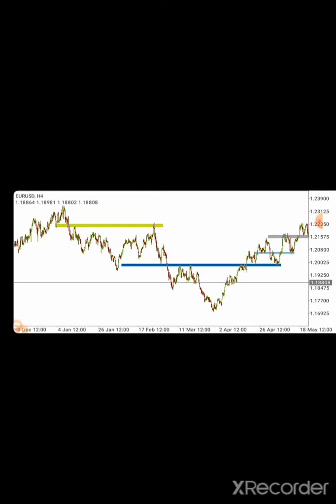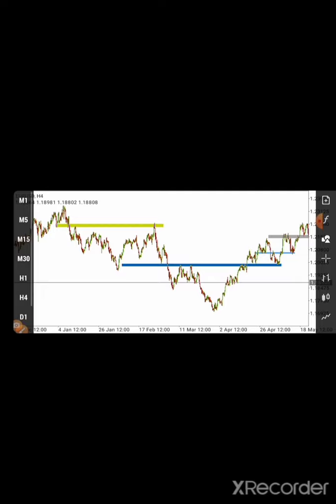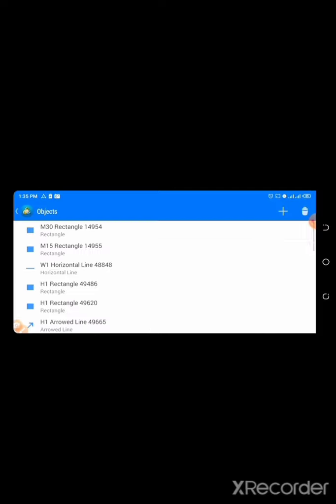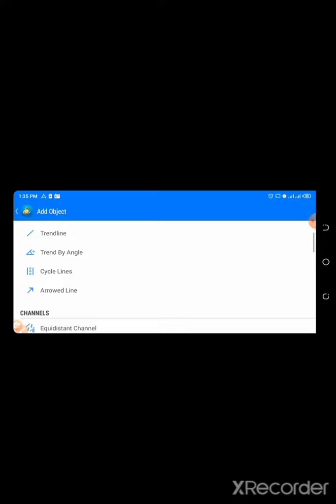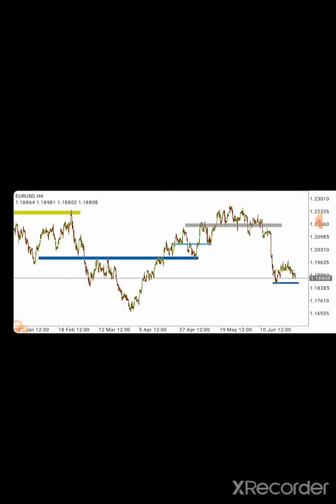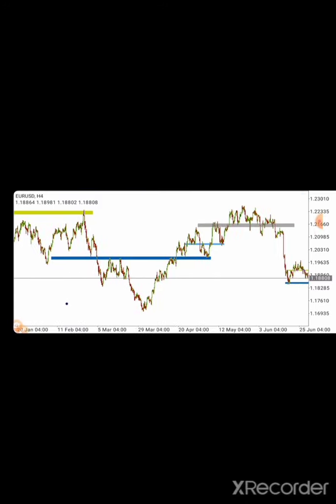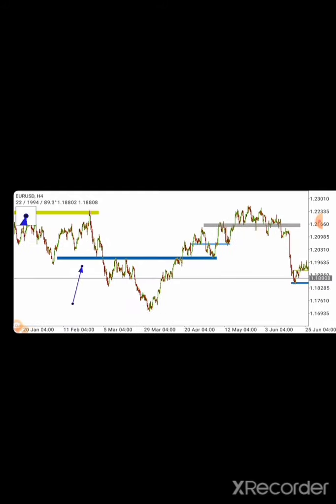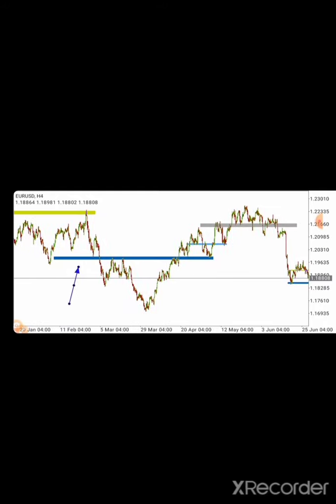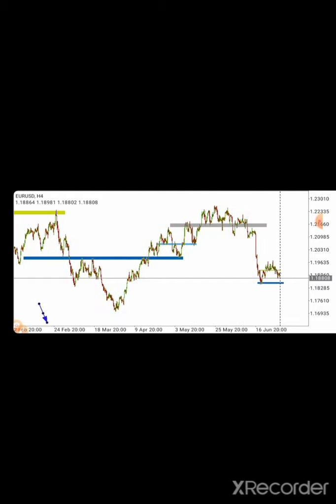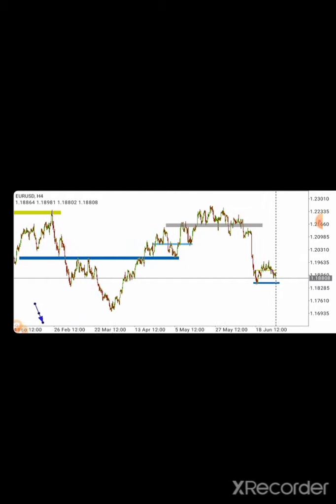As you can see, if you're going to follow the dates down here, this date is the 11th of February this year. You'll see what price did around this zone.